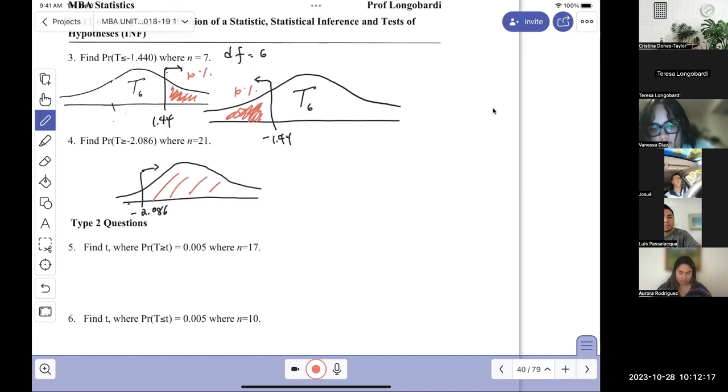There are different ways you can do this, but what do you recommend? Oh, and we're using T20. Don't forget to always write that. On T20, you go to the 20th row and look for that number, 2.086.